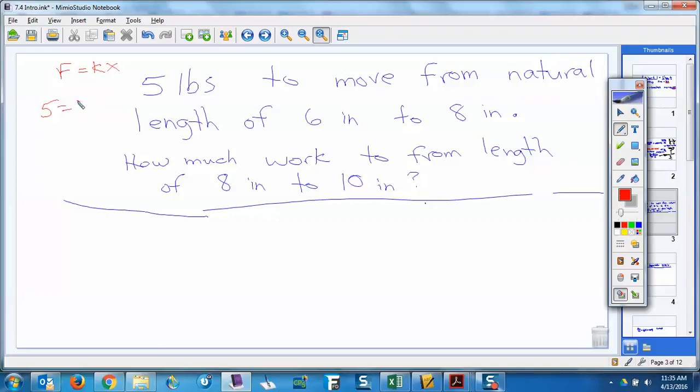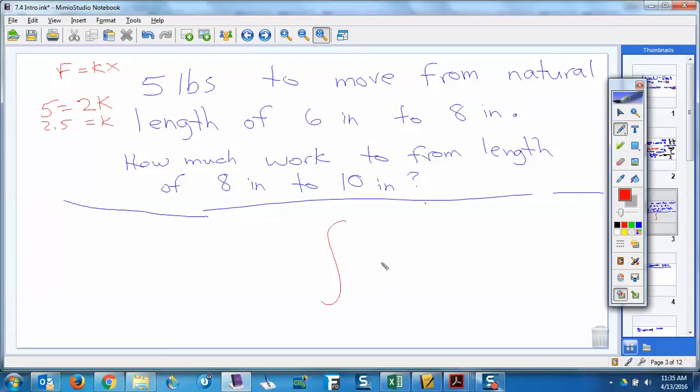So 5 equals 2k. The 2 is x, so we move it 2 inches, so k would be 5 over 2, or 2.5.